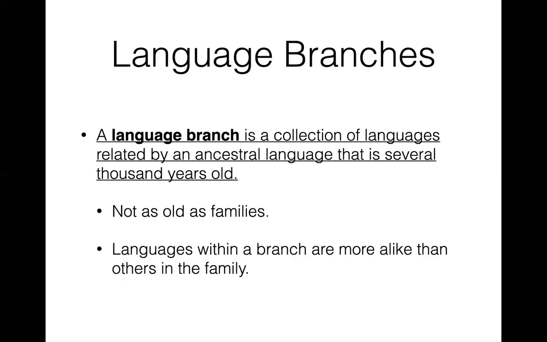All right, so the next way we define how closely languages are related, so if you imagine a tree for a second, the language family would be like the trunk of the tree, and then we have a large branch coming off. The language branch is a collection of languages that are more closely related, so they've split off from that main family more recently. They're related a little bit closer.